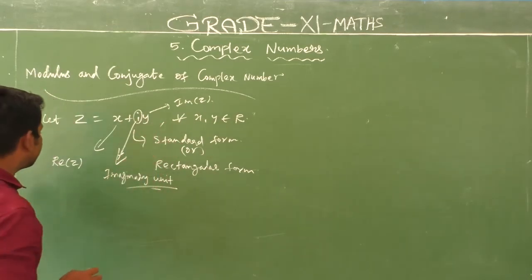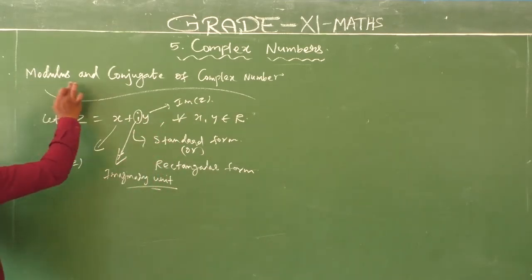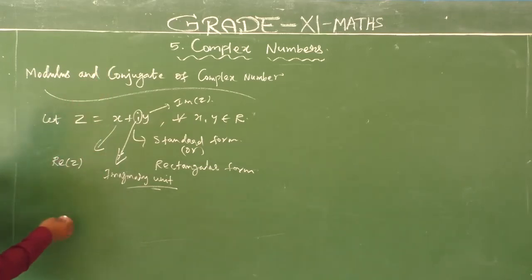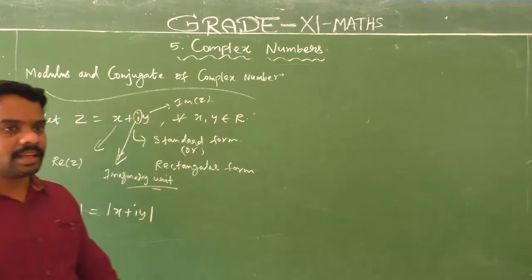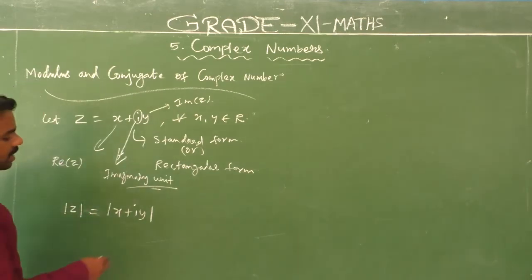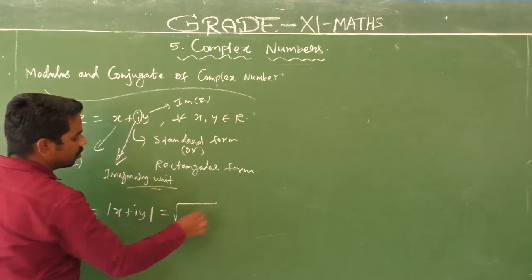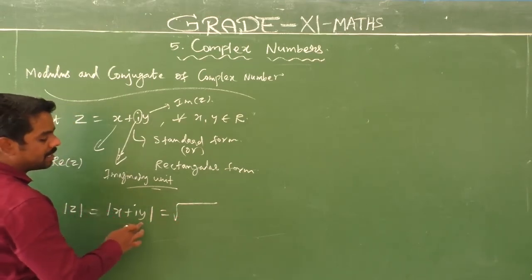Next, modulus and conjugate of a complex number. First, modulus of this complex number is denoted as modulus of z. Modulus of x plus iy is equal to root of real part square plus imaginary part square.